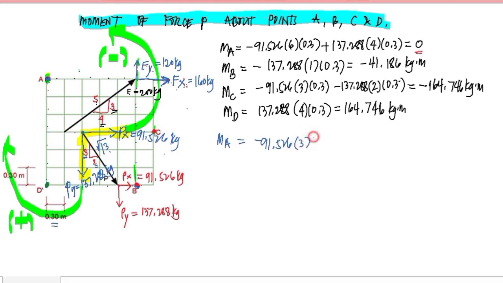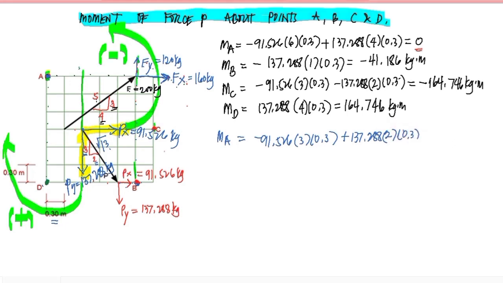So we have 3 times 0.3. Then this Py will rotate clockwise, so we have positive 137.288 multiplied by the perpendicular distance. Since this is the line of action of Py, this is the perpendicular distance, 2 blocks, and that's 2 multiplied by 0.3. Computing for this is equal to 0, which is just equal to our previous answer here.